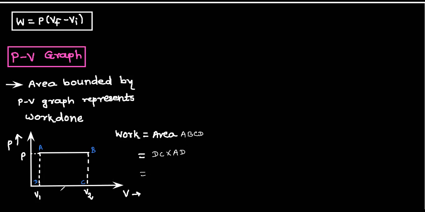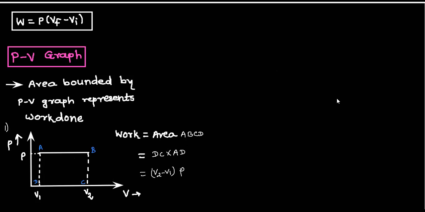DC is V2 minus V1, and AD is the pressure P. So you get work done equal to P into V2 minus V1 for this particular graph. I am calling this graph number 1.